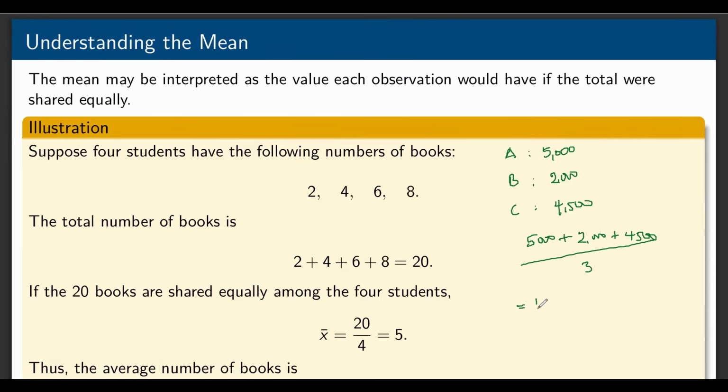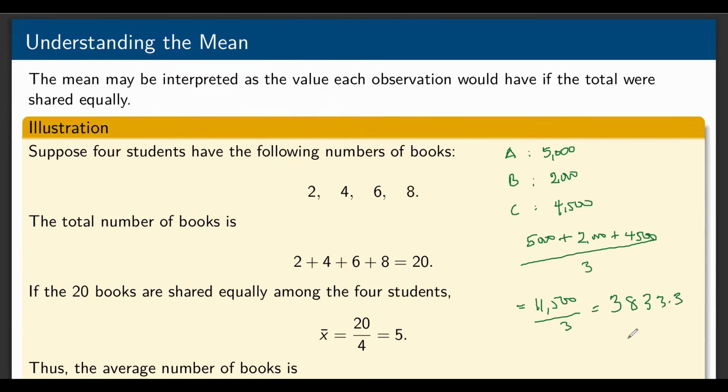So this gives us 11,500 divided by 3, that is 3,833.3.